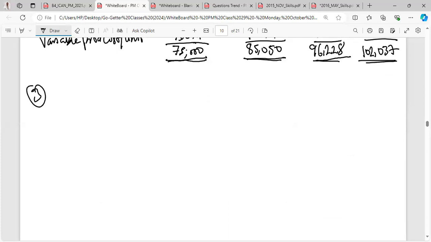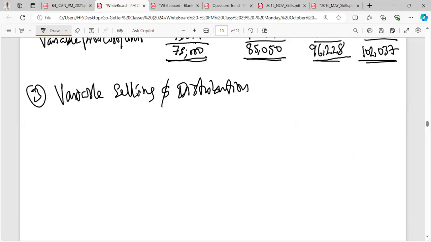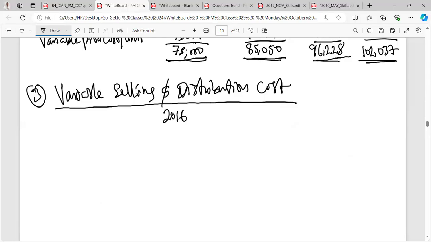Workings 3. Variable selling and distribution costs. Because this is 2016, 2017, 2018, and this is 2019.